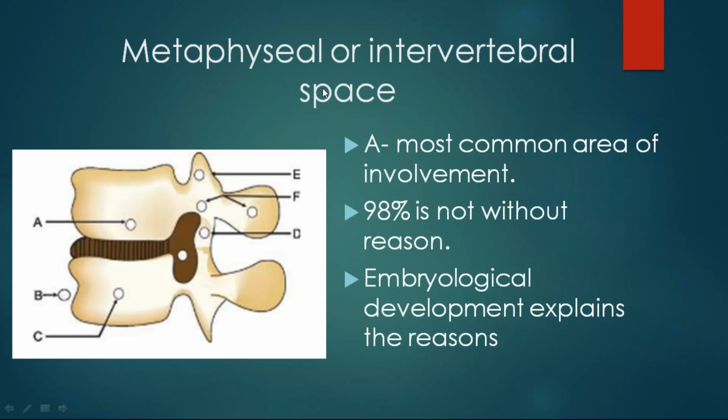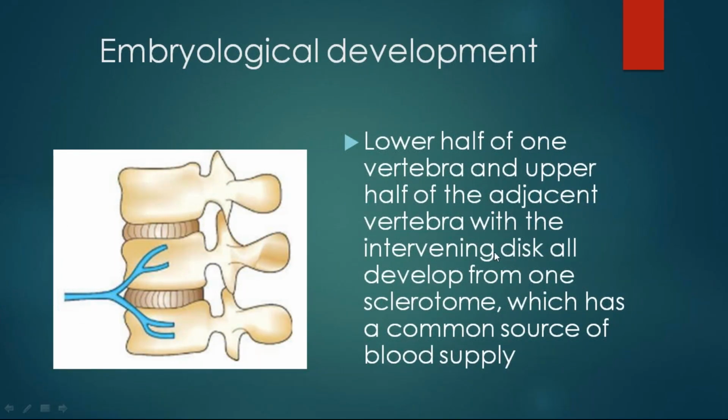Coming to the types, metaphyseal or intervertebral space involvement is the most common. It is also called paradiscal, as it is adjacent to the disc. 95% is seen here, and embryological development explains the reason for this predilection: the lower half of the upper vertebra and the upper half of the lower vertebra develop from a common sclerotome.